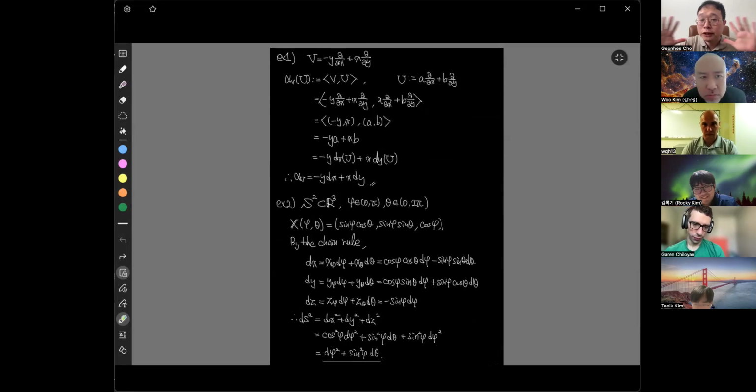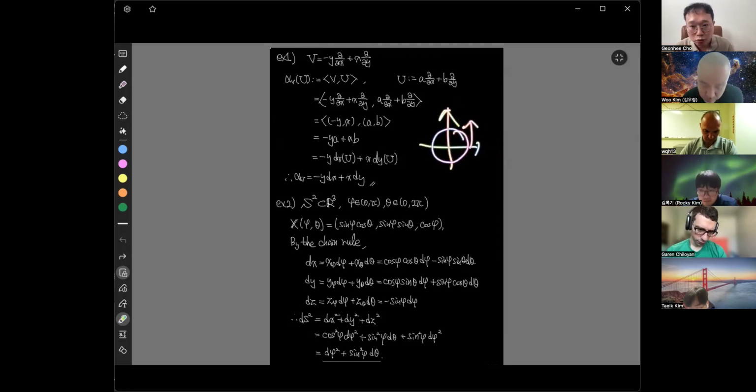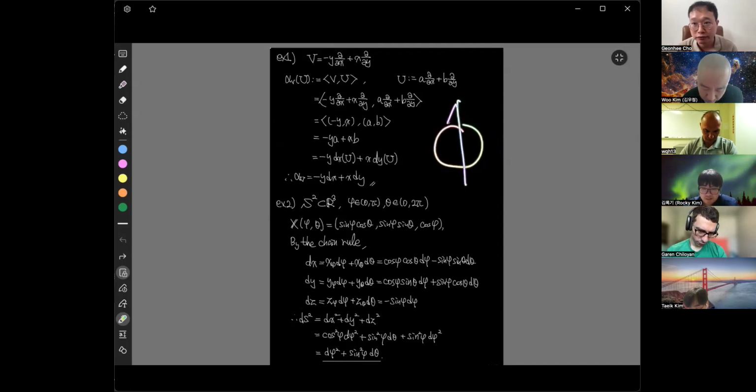If you try to visualize how it looks, just treat ddx as (1, 0) and ddy as (0, 1), then this v is nothing but (minus y, x). So if you draw the unit circle S1 in R2 whose center is at the origin, you can see how this vector behaves, that this is exactly a tangential vector field along the unit circle.